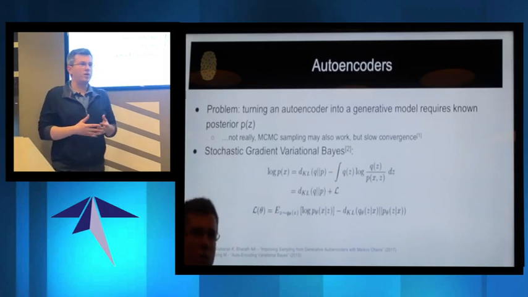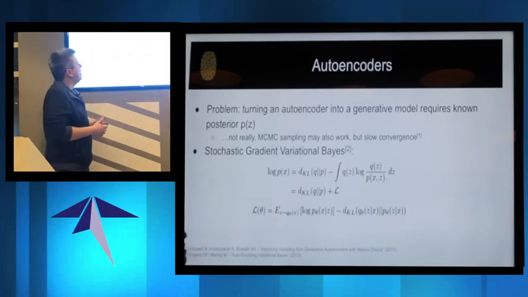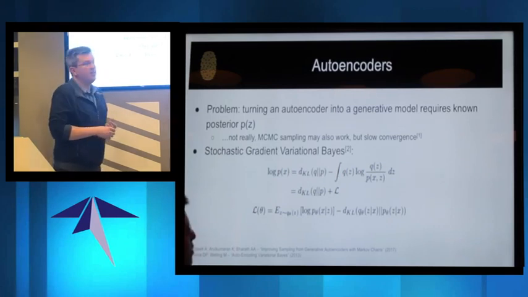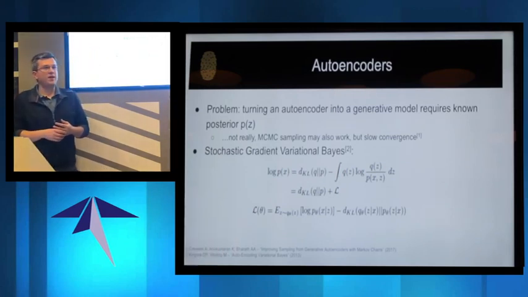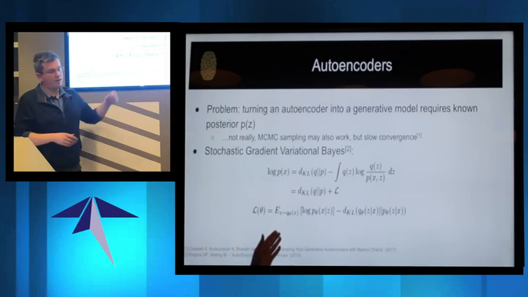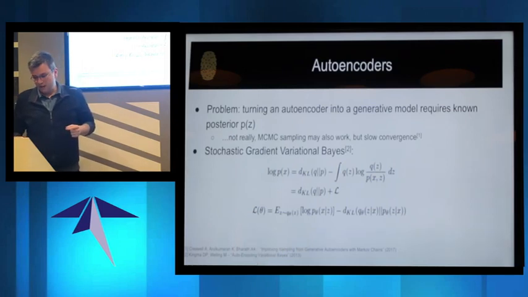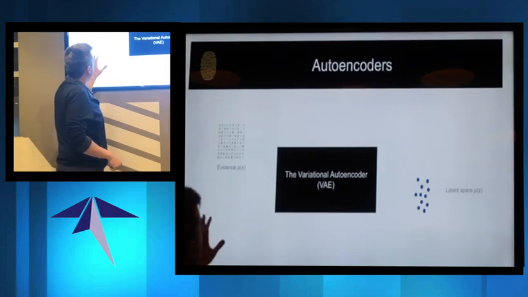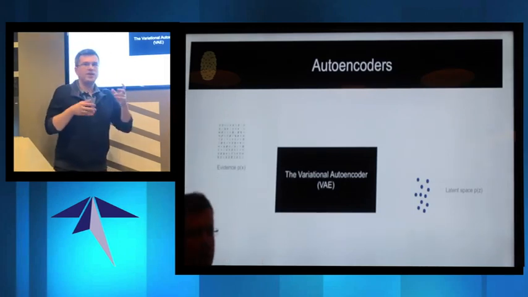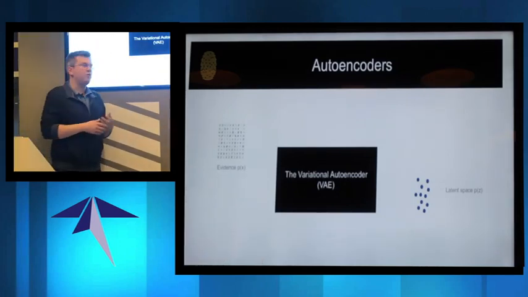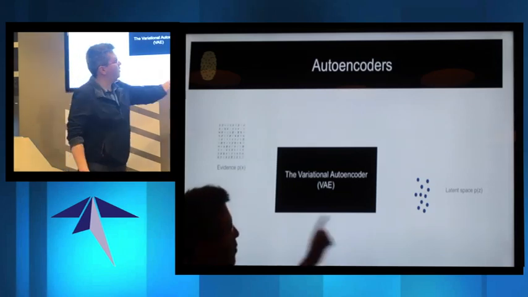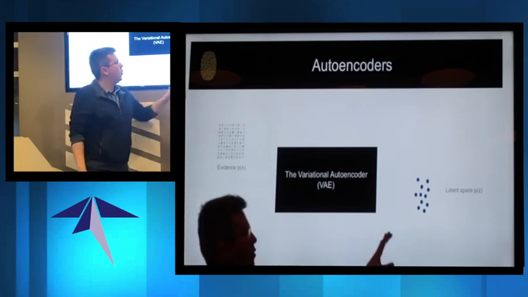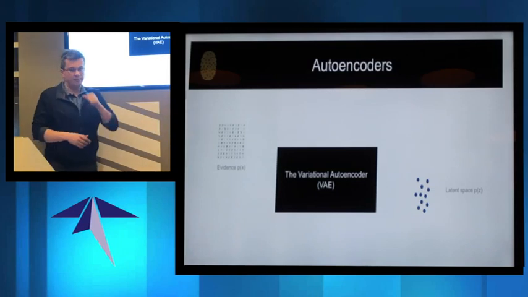I don't really know what the probability distribution for that is. And there are some really nice papers on this, called stochastic gradient variational Bayes. This stuff is basically this: the variational autoencoder, which is one way of making sure that if I have some evidence, which is some samples from a probability distribution that I'm trying to learn, and I'm trying to put them in a latent space, then I'm going to know what this space looks like.